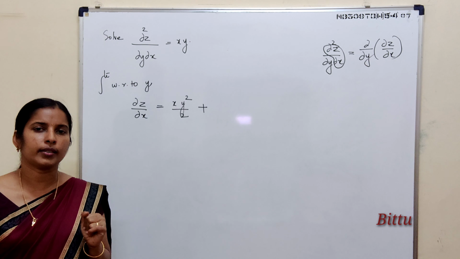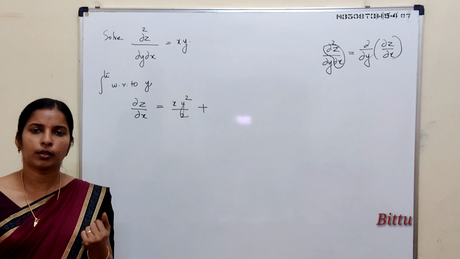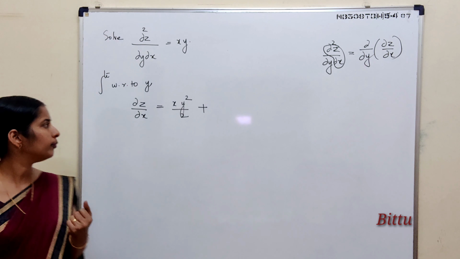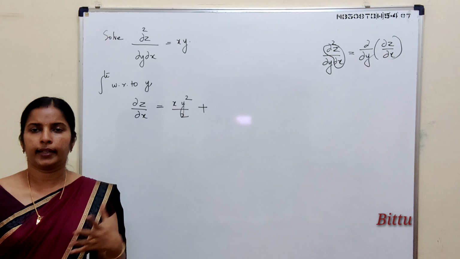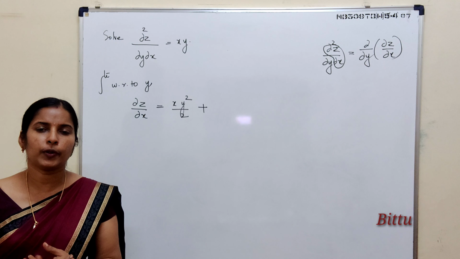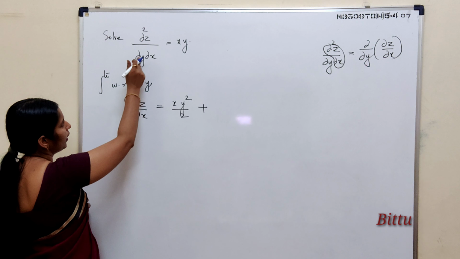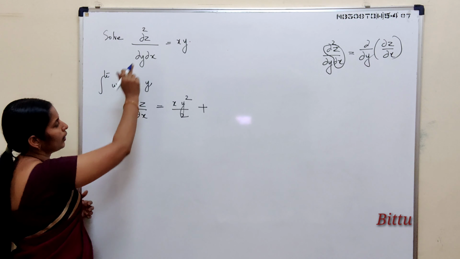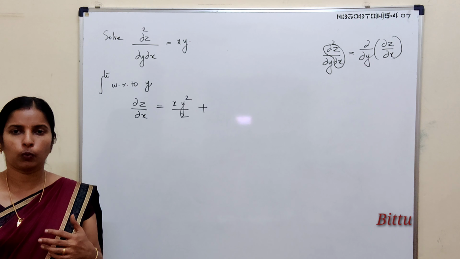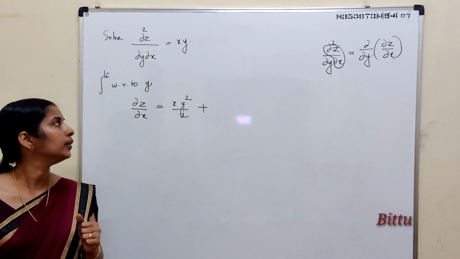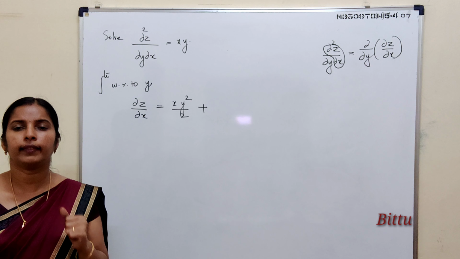Here the constant is not a pure constant. It may contain a function of x or y. Here, we integrate with respect to y. Integration and differentiation are reverse processes of each other. Really, it is the partial derivative with respect to y. While taking the partial derivative with respect to y, we have to keep x as a constant, so x may occur in the constant.